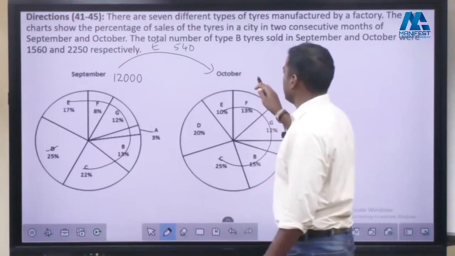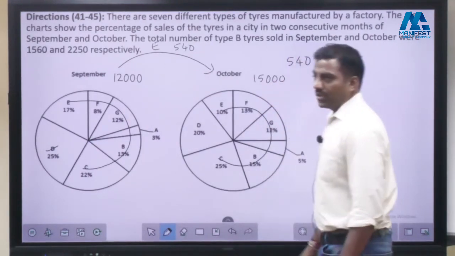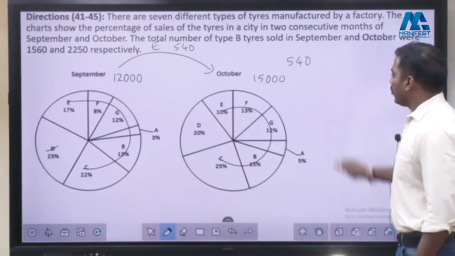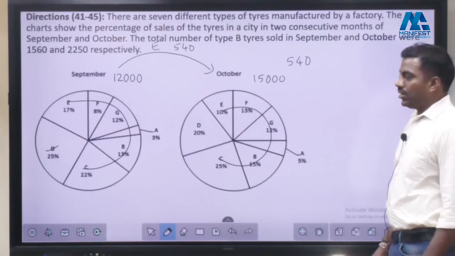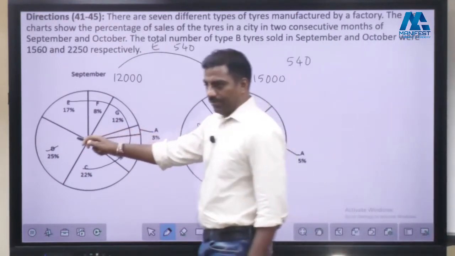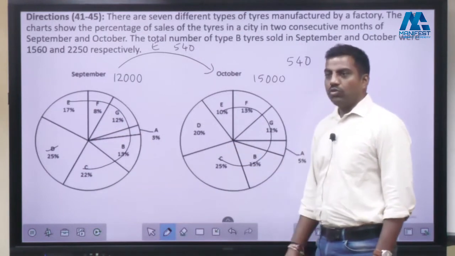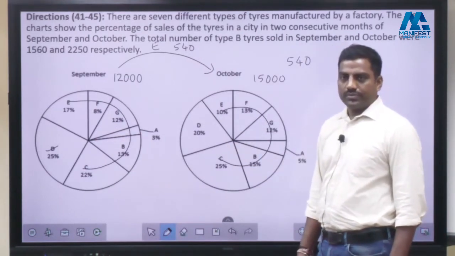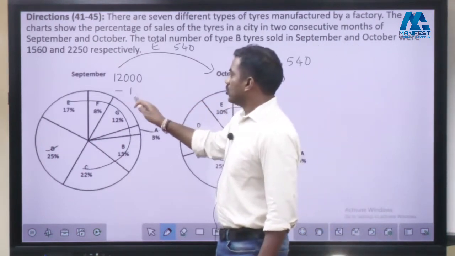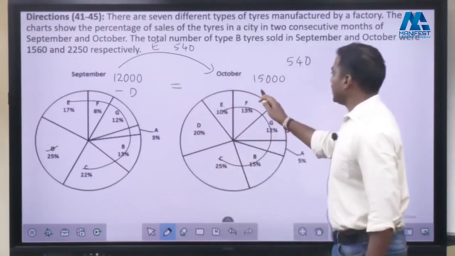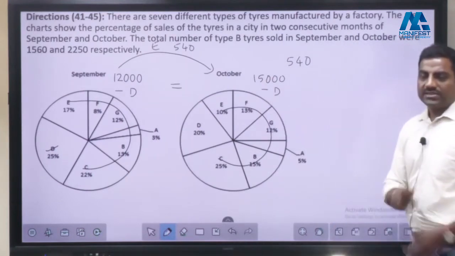Here we had produced 15,000. 12,000 minus D. I mean, whatever the production here. 15,000 minus D would be same. 12,000 minus D here should be equal to 15,000 minus D here. Yes or no? Yes.